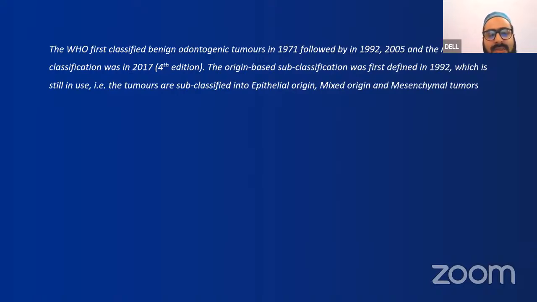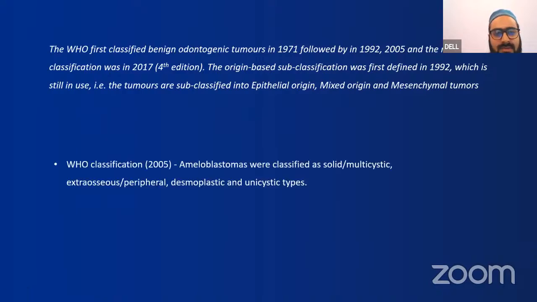Now, if we look at the WHO classification, which was modified many times, the most recent one was in 2017, that is the 4th edition, after 1992 and 2005. In 1992, they had included the unicystic type of ameloblastoma.